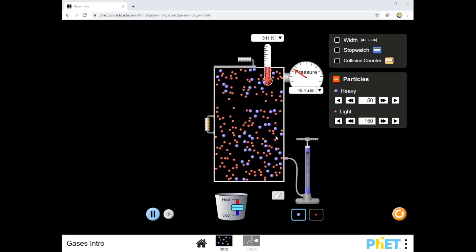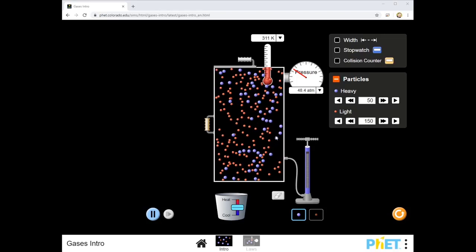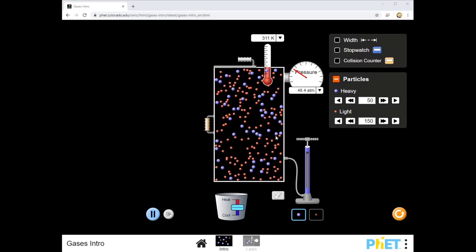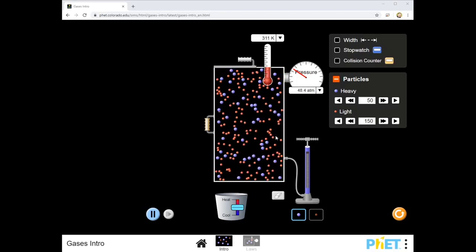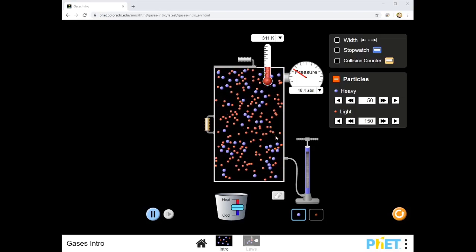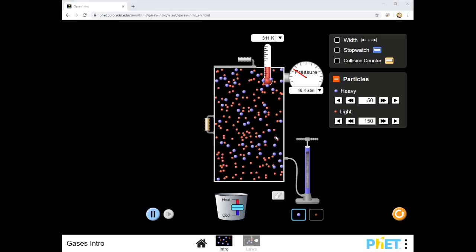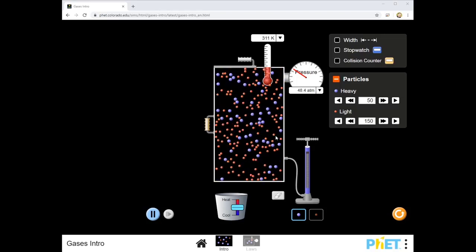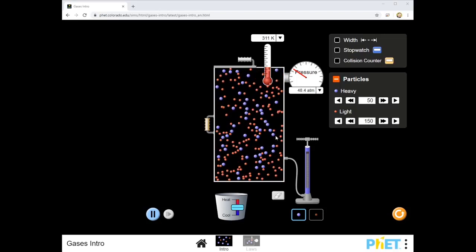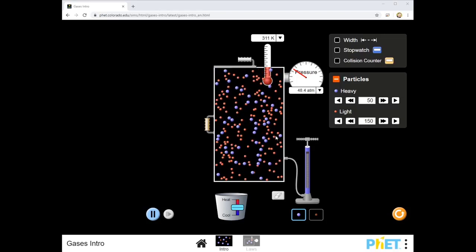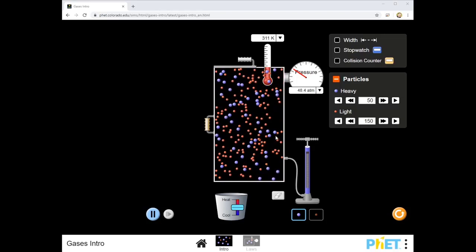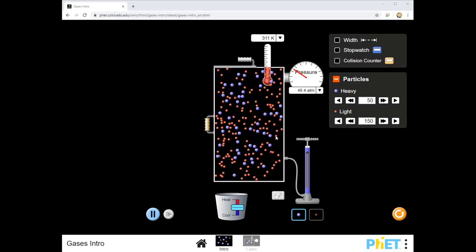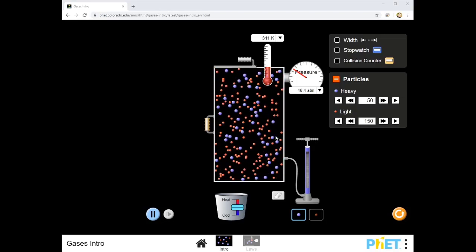Oxygen and nitrogen gas are molecules that are pretty small. And then there's other types of gas like argon, which are much heavier. And microscopically, you can't see these things, but if you think of these atoms as little balls bouncing around, at a given temperature, the smaller molecules are moving faster than the bigger molecules, and that's what the simulation is showing.